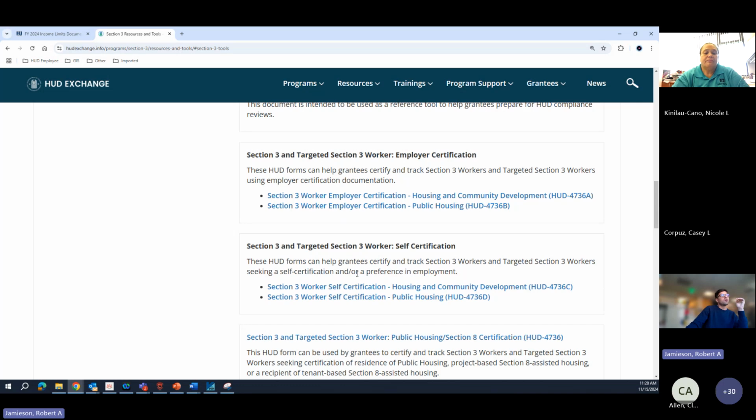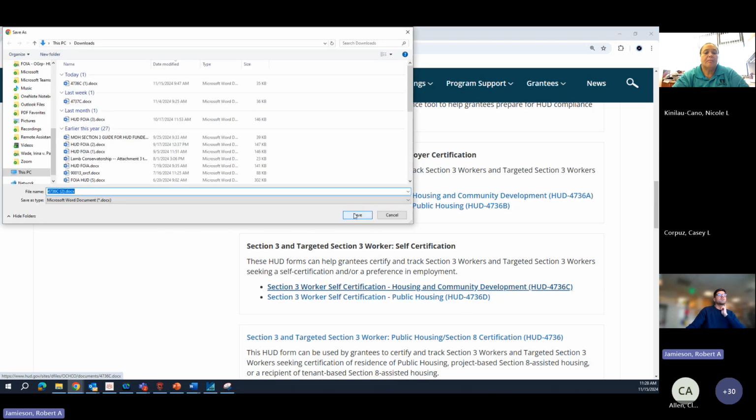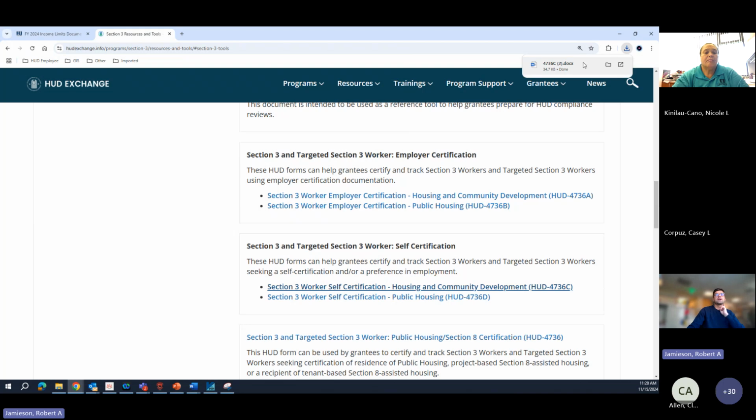For Section 3 workers, there's two ways a worker can be certified under HCD guidelines. Again, the worker can self-certify, and we'll open up that one now. So here we go. We're going to look at, again, HCD, not public housing, for this grant. I'll bring it open. I probably have a million copies of this on my computer by now, but that's okay.